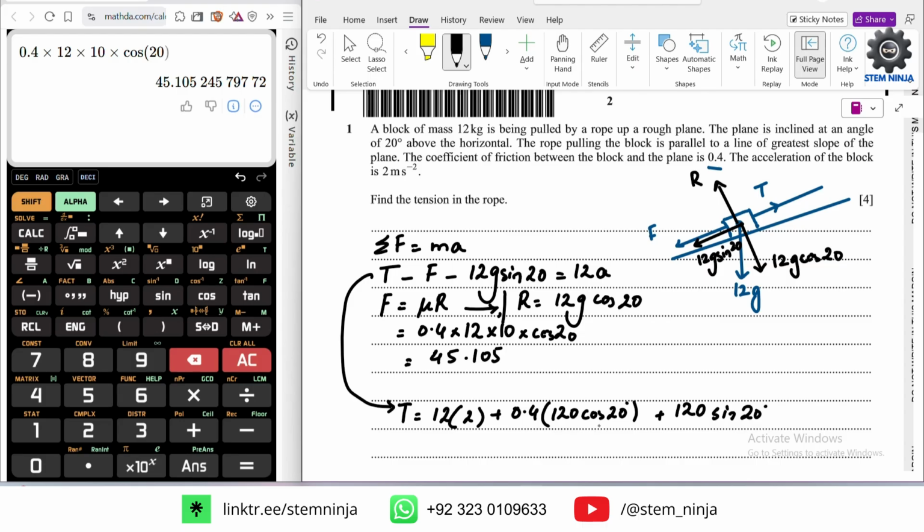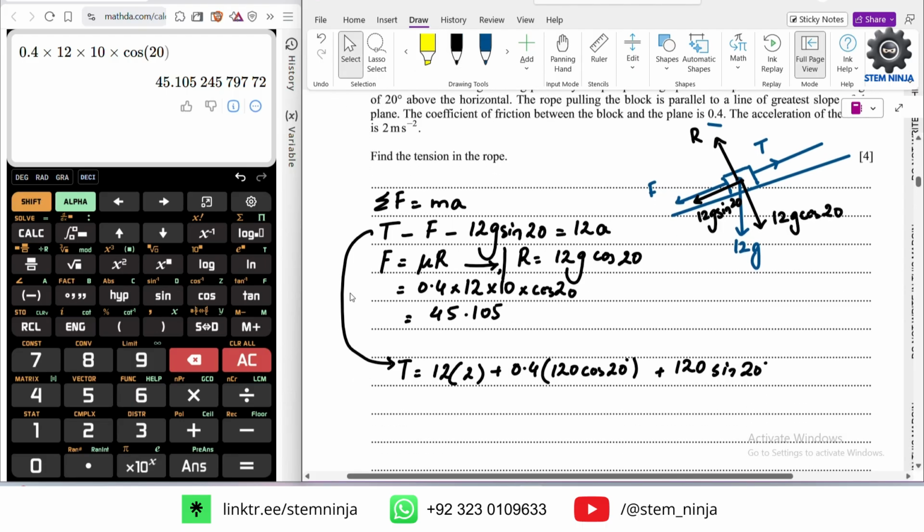That's it. So mu R plus mg sin theta gives the tension. Okay, so that's basically what we need to know.